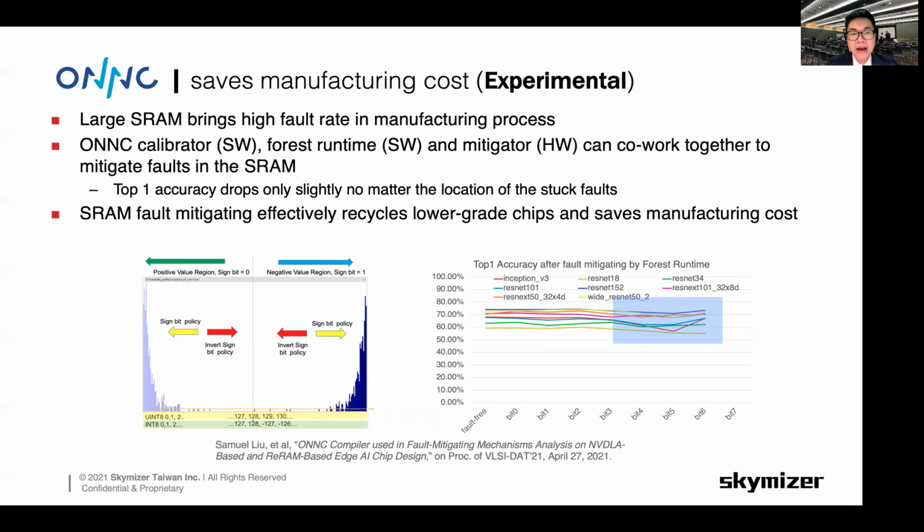But by our SRAM fault mitigating technology, we can effectively recycle this low quality SRAM. You can use this low quality chip, but still get high quality model performance and model precision by our SRAM fault mitigating technology. You could check more detail in our VLSI-DAT papers.